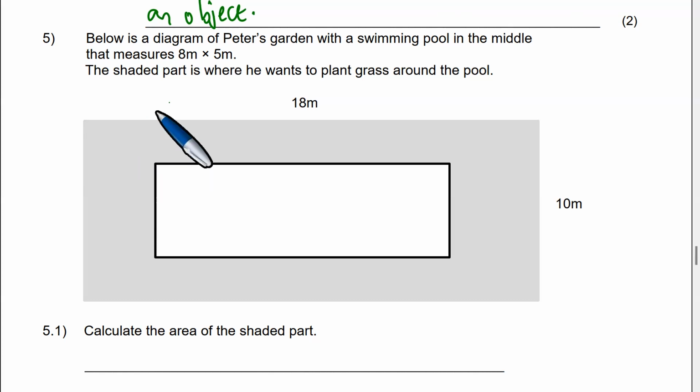Okay, because below it's a diagram of Peter's garden with a swimming pool in the middle that measures 8 by 5. But this one is 18. So what is the meaning of these now? If this one is 10, this one is 8, and this one is 5, and this one is 18.